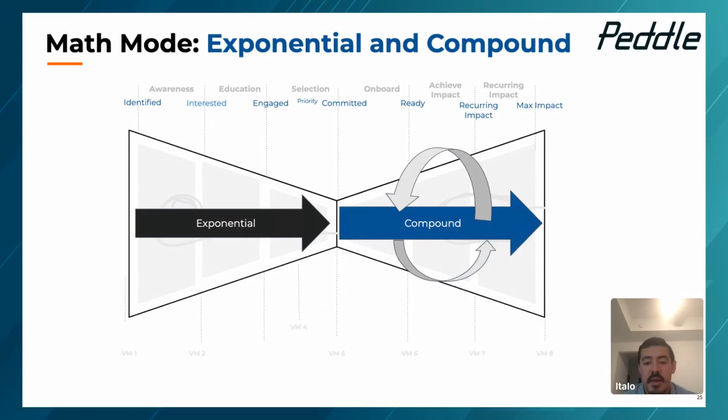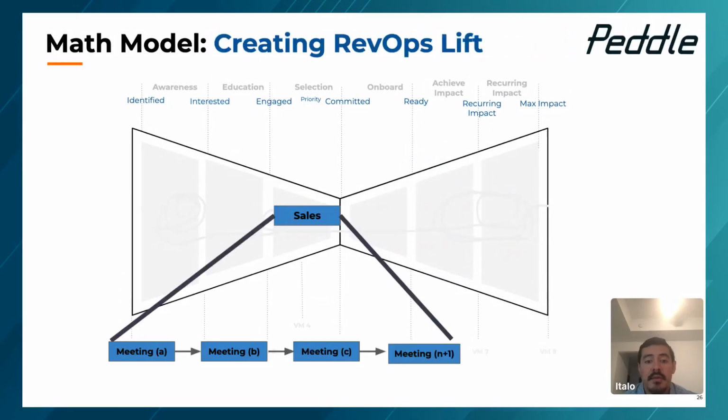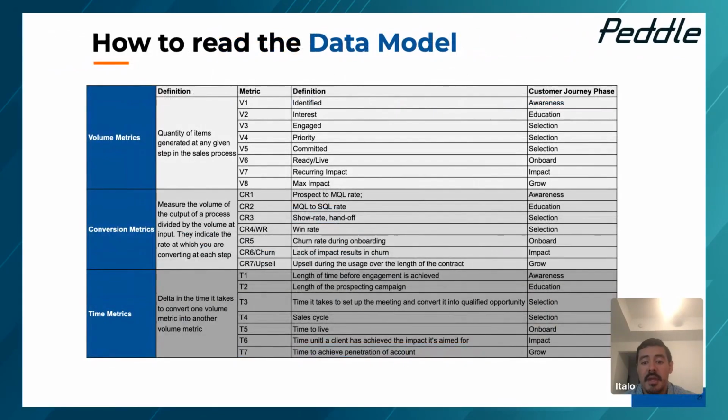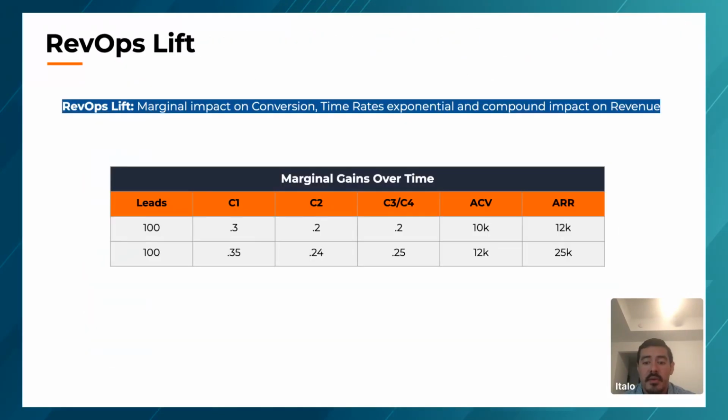And so that's why revenue operations is so important. Just doing little small increases, like the number of touches, the number of meetings you have, the number of check-ins, the higher their CSAT, all these different things create a really big lift, and it's exponential. A really, really small change can really increase your revenue a lot. Like just a small change in conversion rates, like 0.05 in conversion rate 1, 0.04 in conversion rate 2.